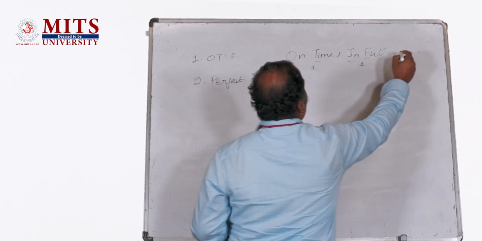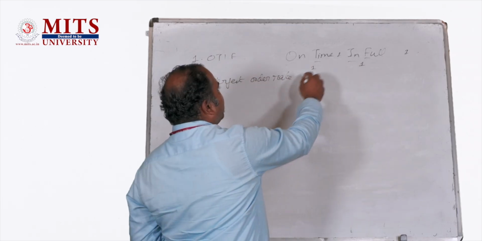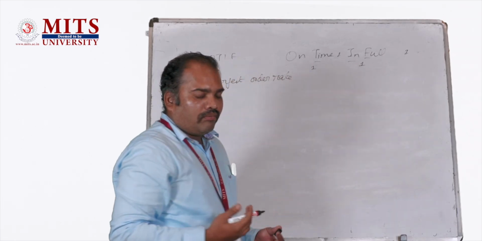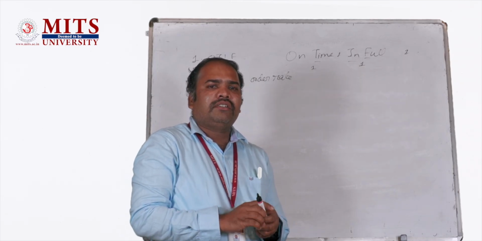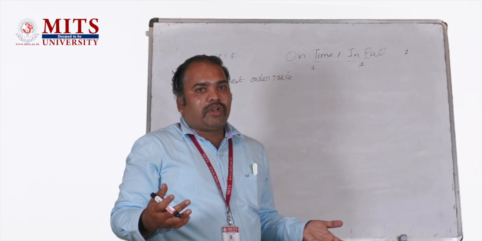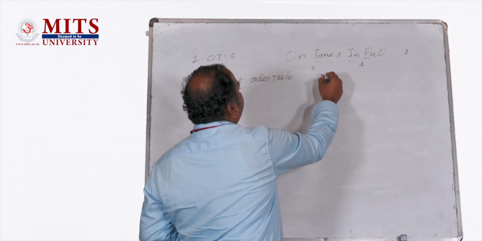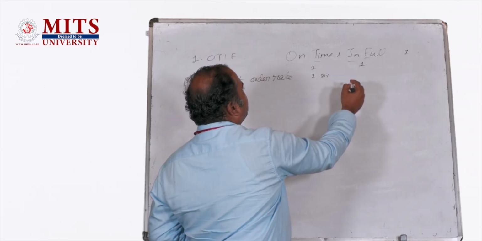then my OTIF score is 1. If either one of these factors has not been fulfilled, maybe my order has been fulfilled partially, but it has been delivered not as per the promised date. Like 80% of my order has been fulfilled on time. So on time, yes, 1, but in case of in full, it is 0.